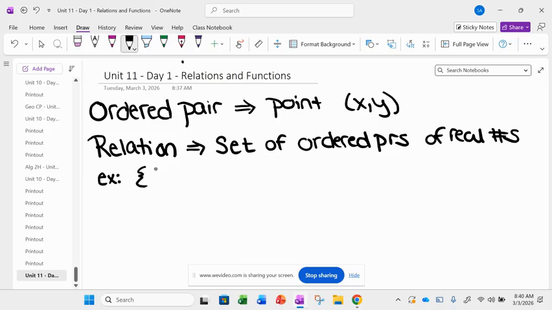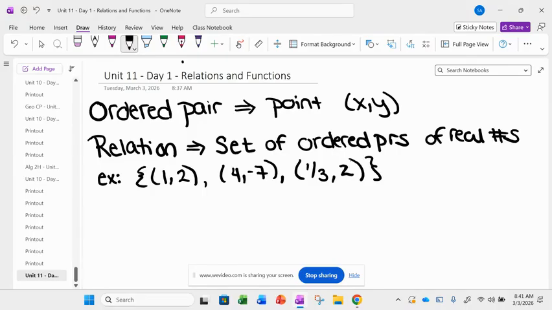So an example would be if I gave you a set of points including (1, 2), (4, -7), (a half or a third, 2), that is a relation.